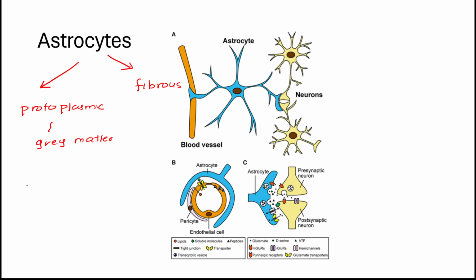Now, this is associated with the specific protein that is known as glial fibrillary acidic protein. The common abbreviation that we use is GFAP. This protein is an important marker for tumors that are arising from the astrocytes.